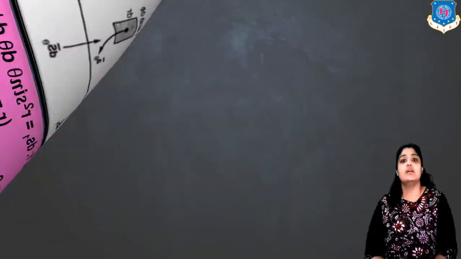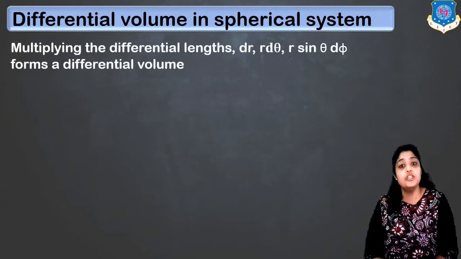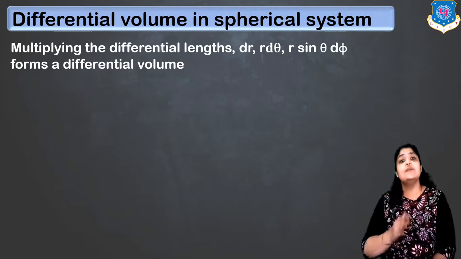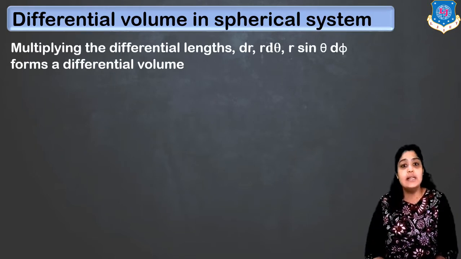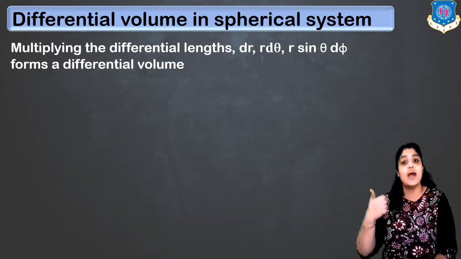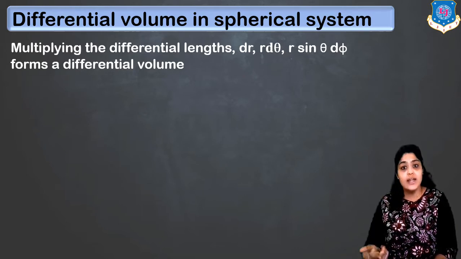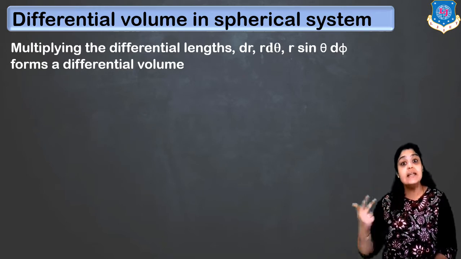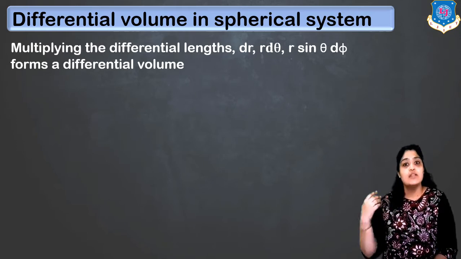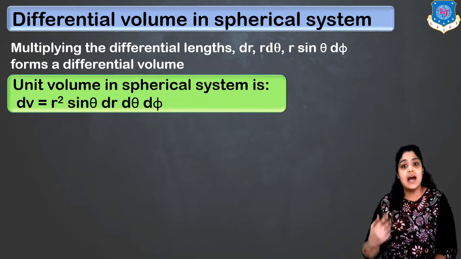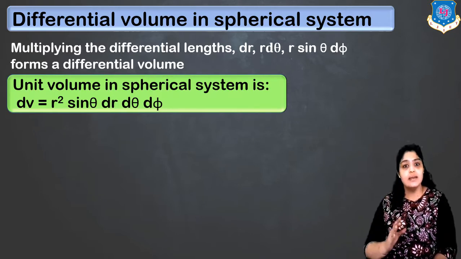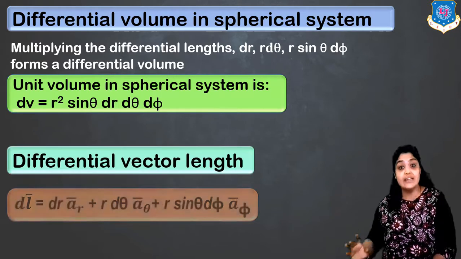Let's see how we represent differential volume in a spherical system. So it is multiplying all the three differential lengths. What are the three differential lengths? You have dr, you have r d theta, and you have r sine theta d phi. So I get the volume dV as r square sine theta dr d theta d phi. Clear? And what is the differential vector length?